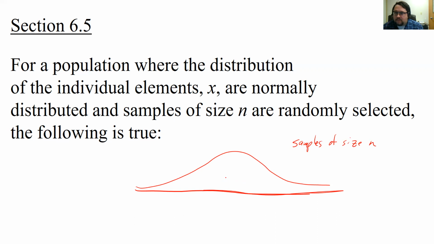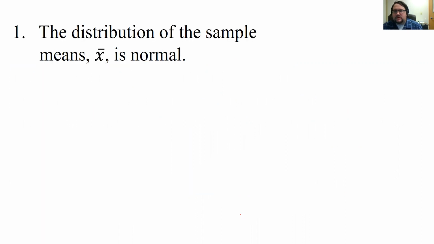When we take a sample, we're going to get a lot of values from the middle here, but we'll get a few from the edge, and we might get one rare sample that has a bunch of values over here or something. But we're taking samples from a normally distributed population. And the following has to be true.